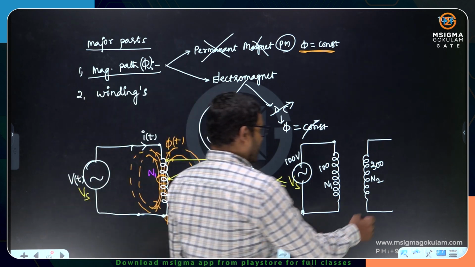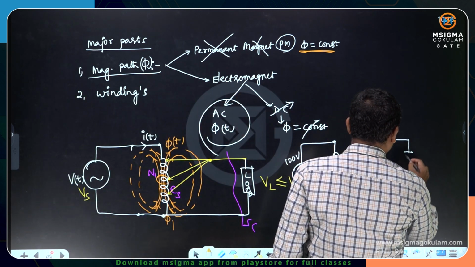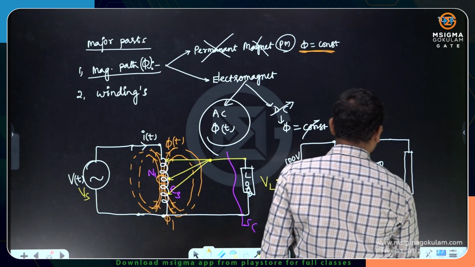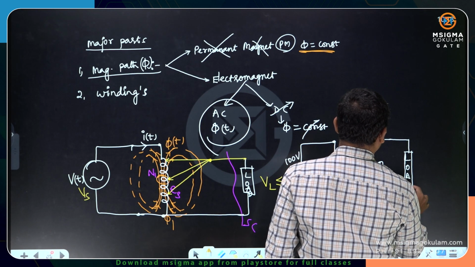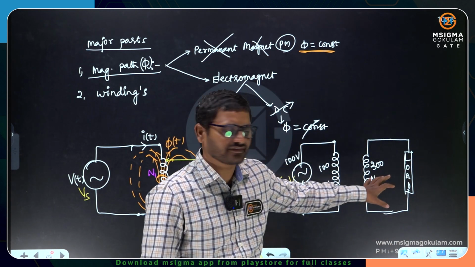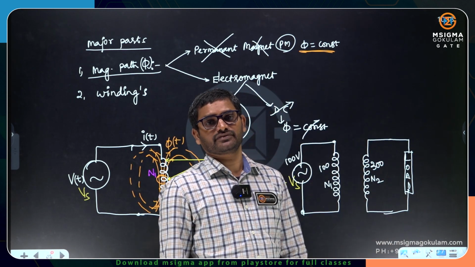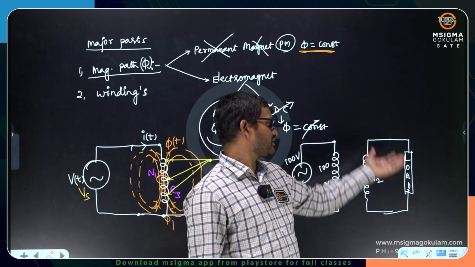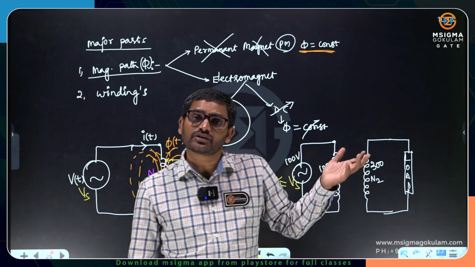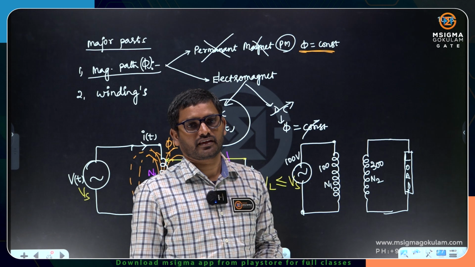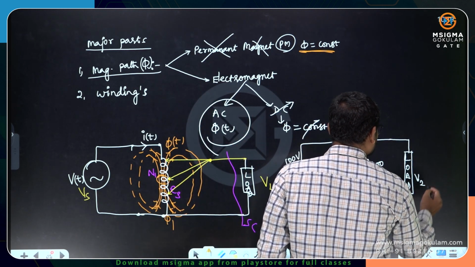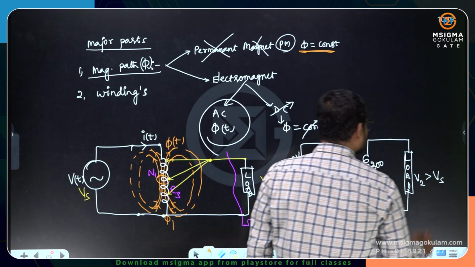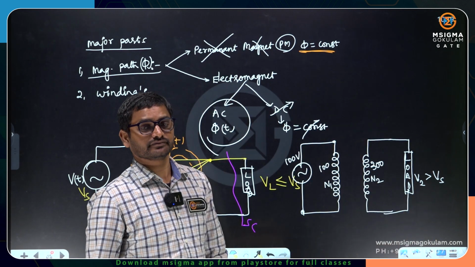If I want to drive a 300 volt load or 400 volt load, whatever load voltage you want to drive, you can use that number of turns. If you increase the number of turns, EMF increases, because EMF is equal to N times d phi by dt. If the number of turns increases, the voltage across the load is going to be greater than the source voltage.